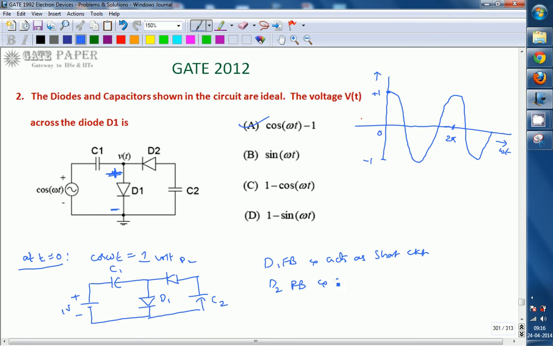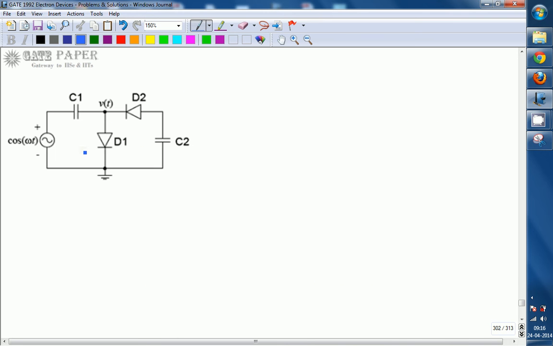Diode 2 is reverse biased and acts as an open circuit. So the equivalent model looks like this. Whenever it is 1 volt, the equivalent model consists of this: this is acting as a short circuit and that is acting as an open circuit, so we can neglect that.